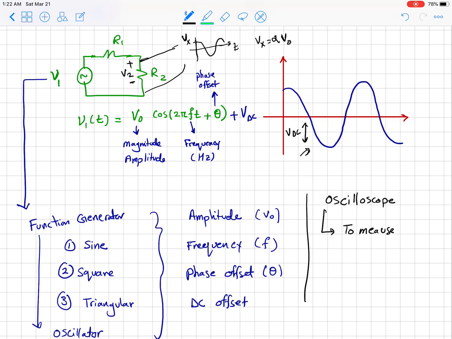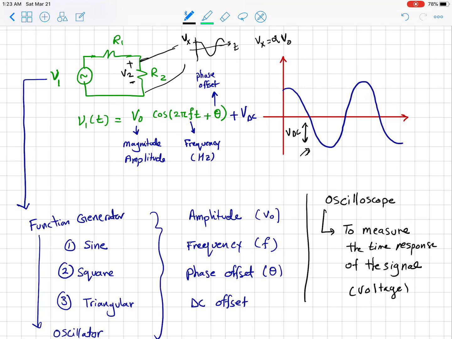So we want to use it to measure the time domain response of the signal, or the voltage in this case.